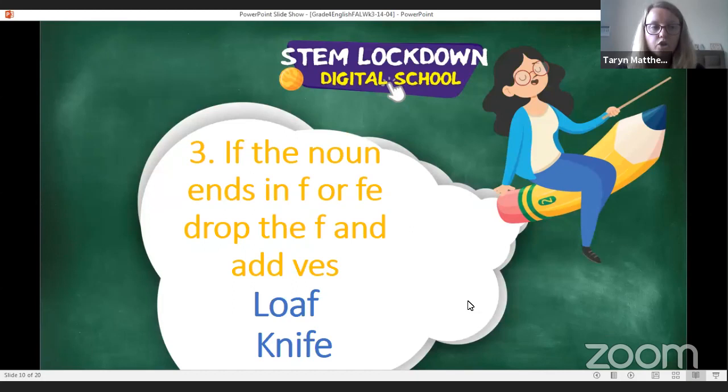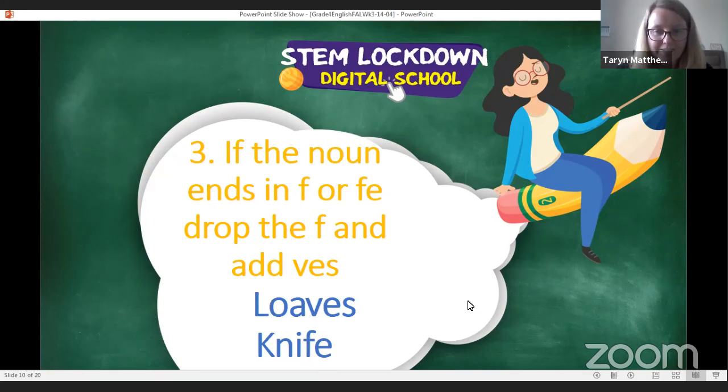So if I go to the shop and I want to buy 1 loaf of bread, but now all of a sudden I realize it's locked down and we need to buy many. So the rule says I take away the F and then I put a VES, which is going to make it loaves of bread.